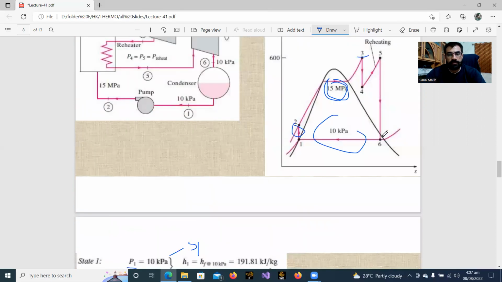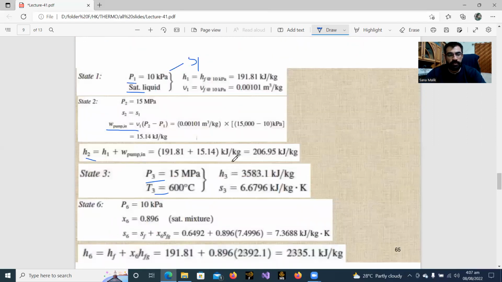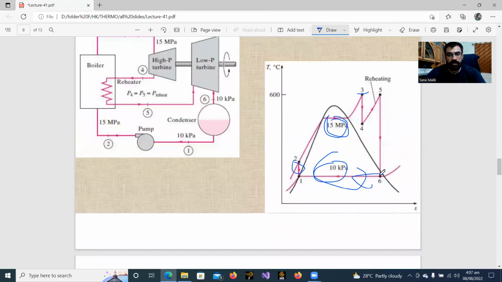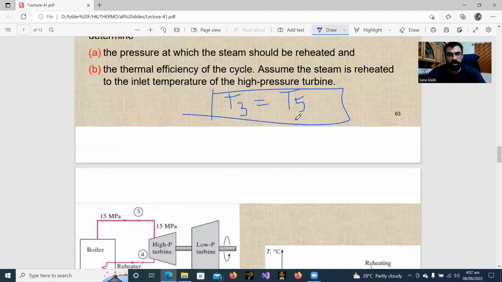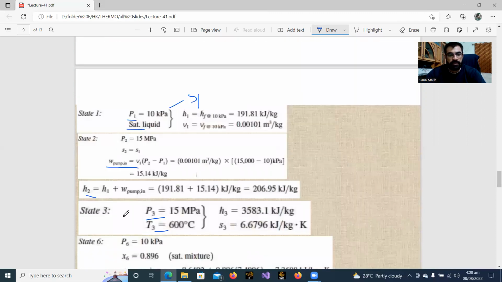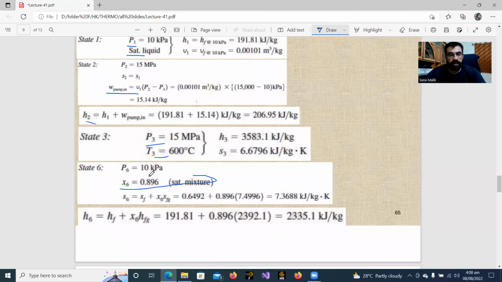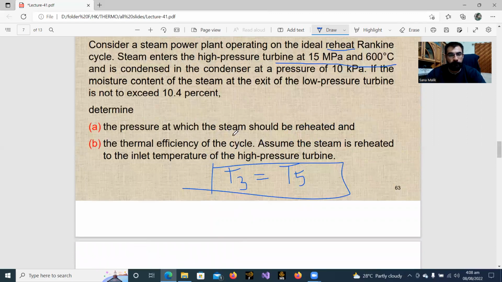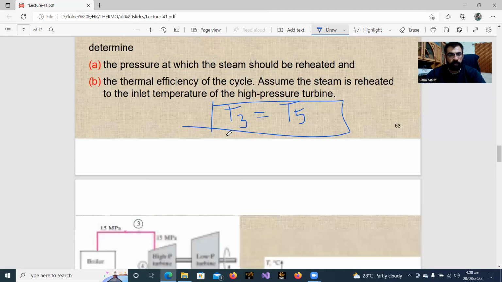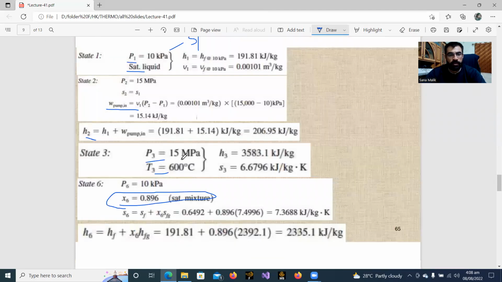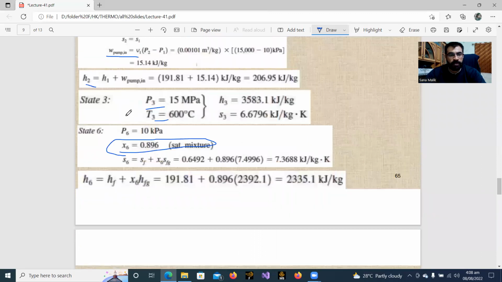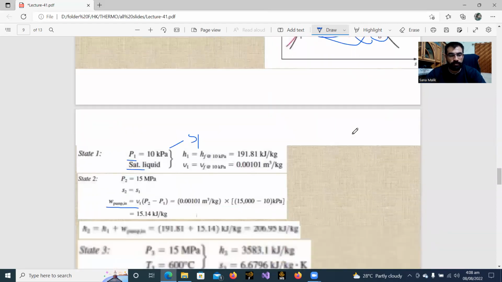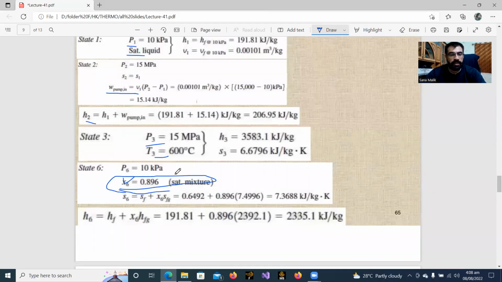For state 6, the pressure is given and H6 is also given. H6 is 0.896. So now it is a saturated mixture.